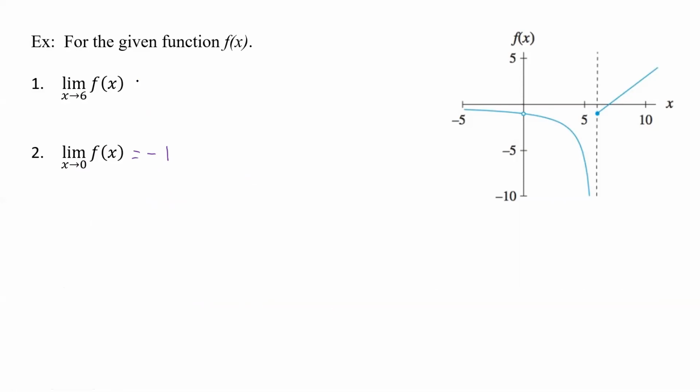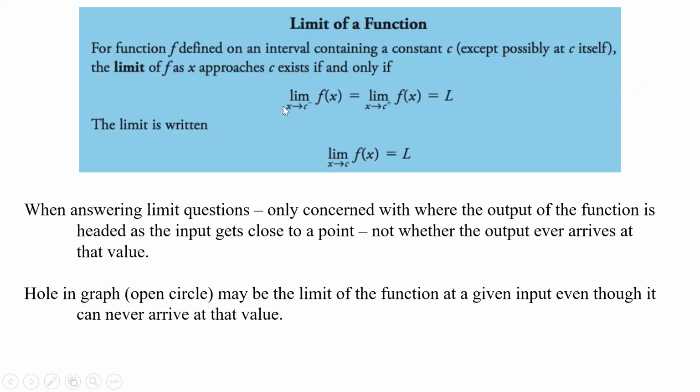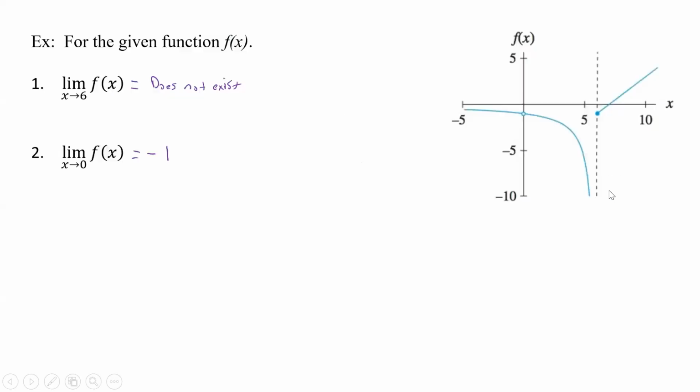And so because those are not equal, that does not exist. Okay, so they have to be equal. The limit from the left has to equal the limit from the right, and that has to equal a specific number. Then we can say that that limit exists. But because this one goes to negative infinity and -1, those are not equal, and so that limit actually does not exist.